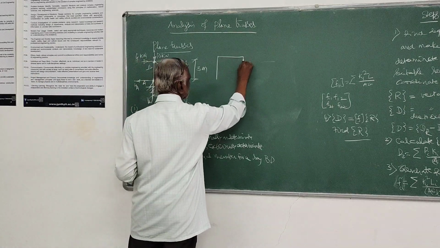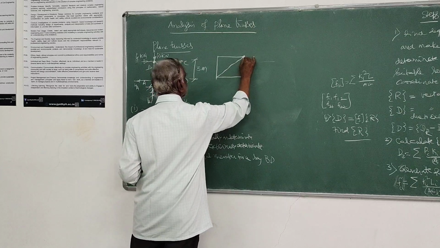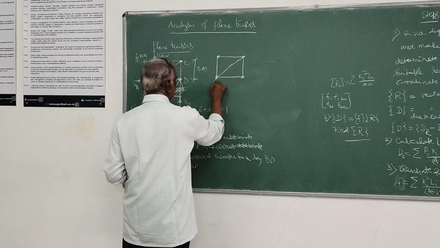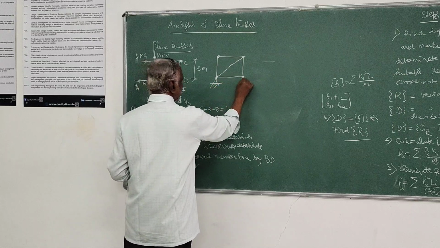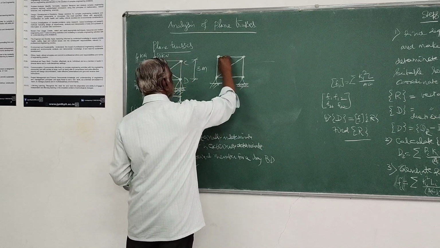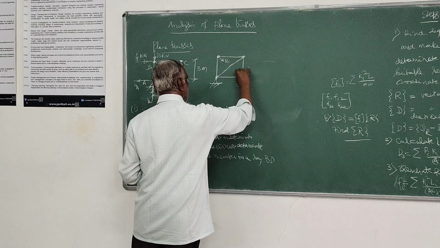So you can choose the internal member force BD as redundant. That means you can remove that particular member straight away. So this is that redundant force R1.